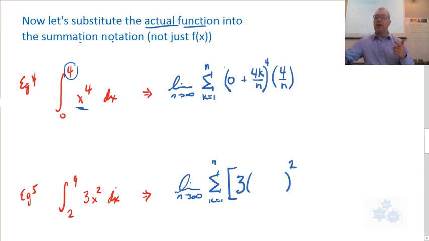Well, that has to be a plus k delta x, right? So that's going to be 2 plus, what's the range here, or the interval? 9 minus 2 is 7. So 7k over n, squared, times 7 over n.